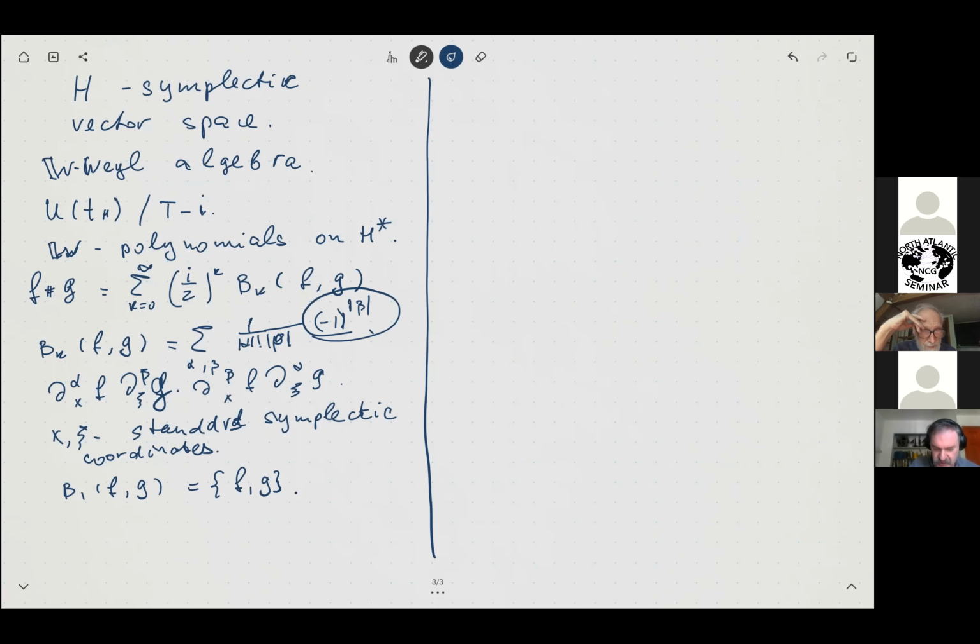In the second line defining b_k there should be some minus. It's one line up, I believe. Yes, this is a minus.